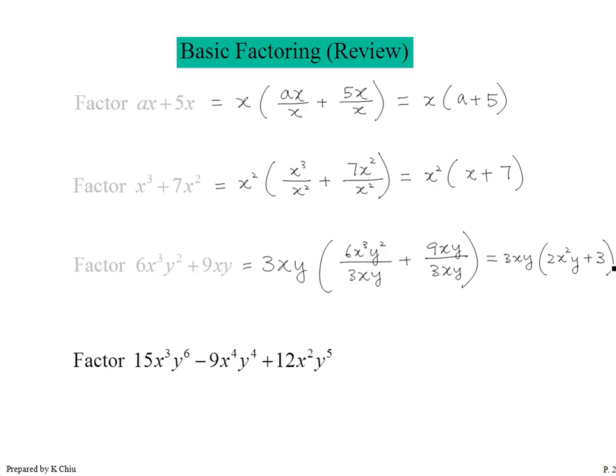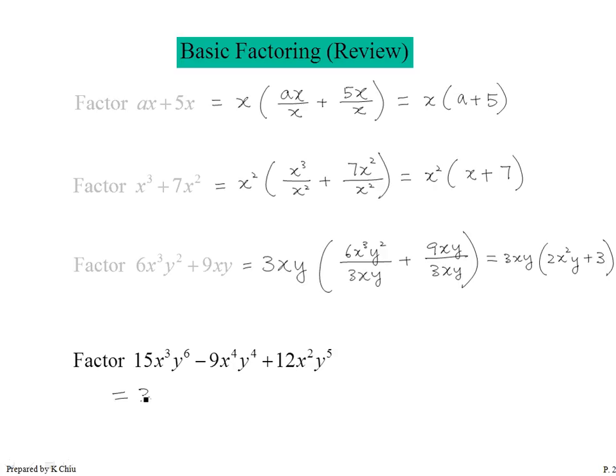See another one? How many terms do I have? 3. Wow. So we have to do it step by step. Take a look at the numbers first. 15, 9, and 12. What do they have in common? 3. Very good. How about the variable x?